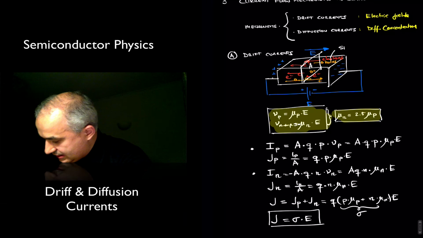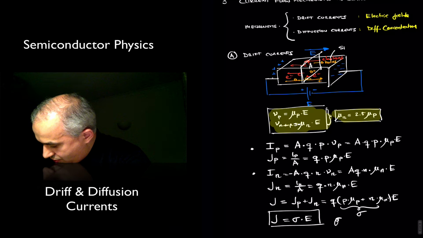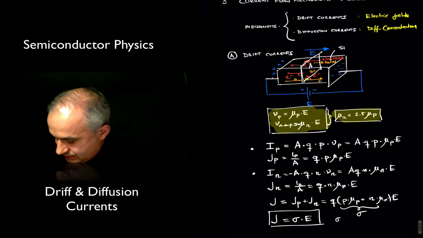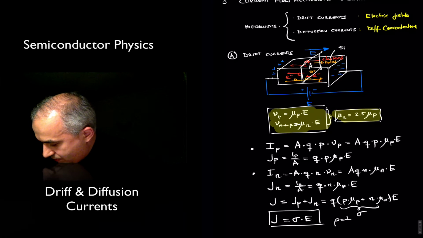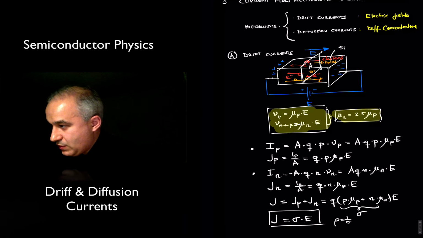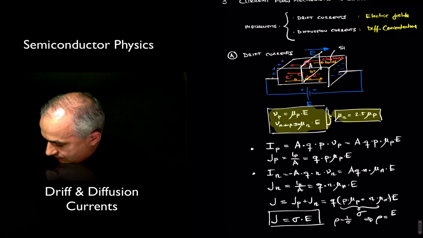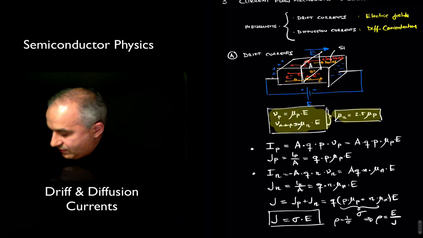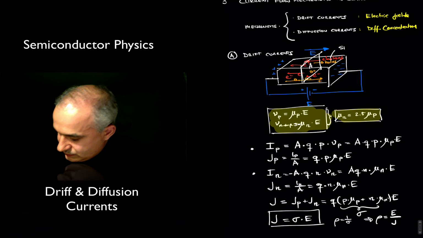Sometimes you can see this also as the inverse, rho, the resistivity, is equal to 1 over the conductivity, right? And you can say that the resistivity is equal to the electric field over the current density, like Ohm's law. Okay.